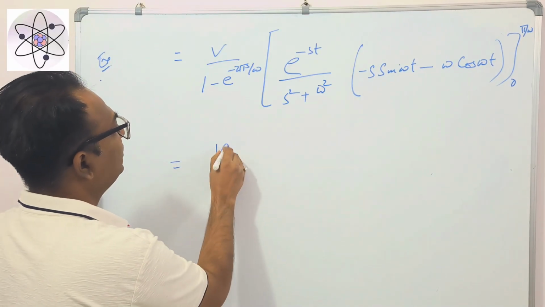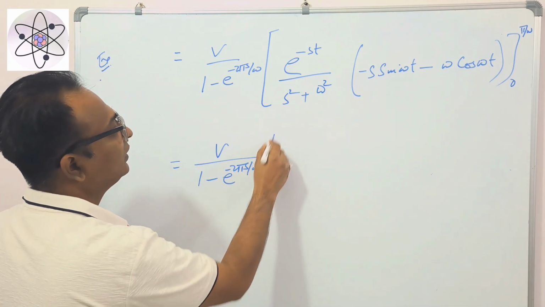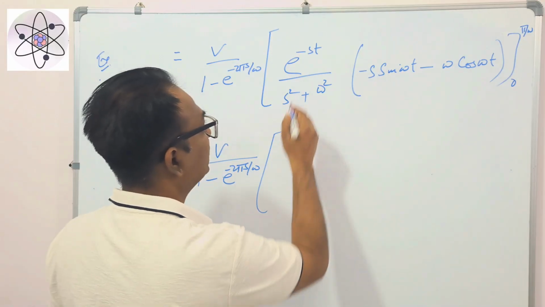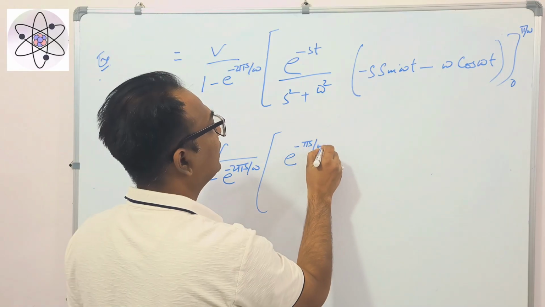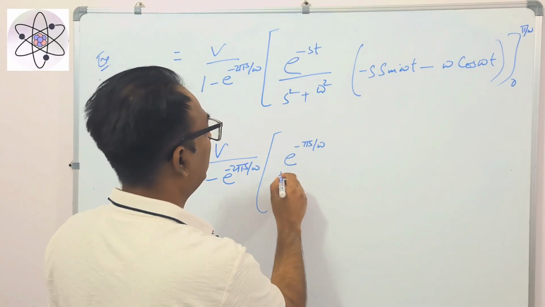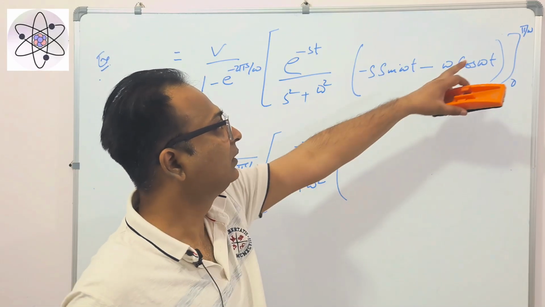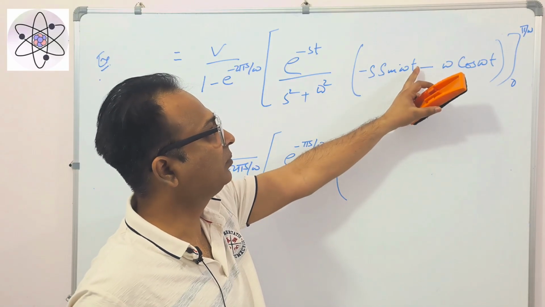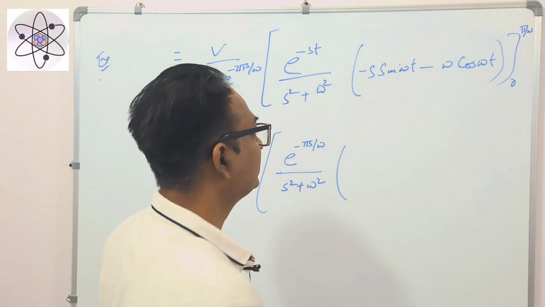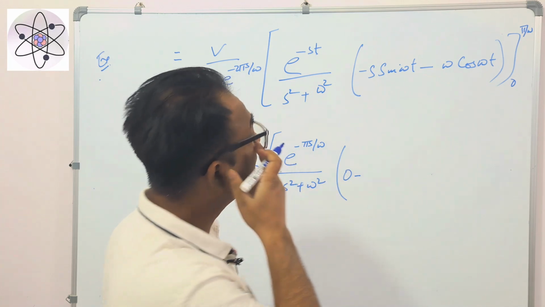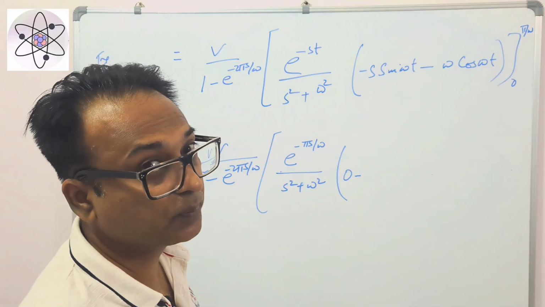So this is equal to V by 1 minus e to the power minus 2 pi s by omega. For the first limit, pi by omega, this will be e to the power minus pi s by omega by s square plus omega square. What we will get? This is pi by omega, so this will become sine pi, which is 0. So this term will be 0, minus omega cos pi. What is cos pi? Minus 1.